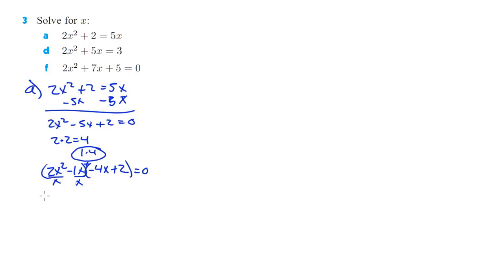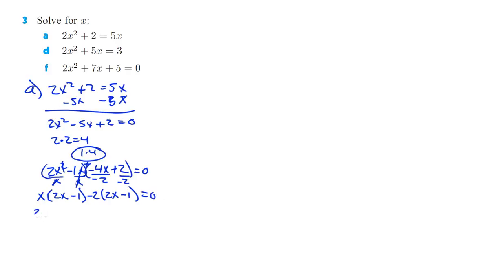We can get x's out of both of those. We get x and we get, let's see, when we get that out there, we have 2x minus 1. And then this one, again, the first number here is a negative, so we got to factor a negative out of both of these, and we can get a 2 out of both of those. So it's negative 2 times 4x over negative 2 is positive 2x, and then 2 divided by negative 2 is minus 1 equals 0.